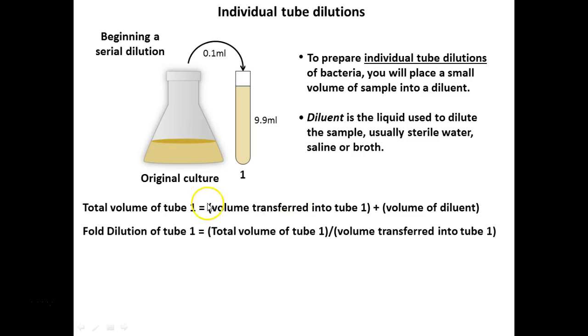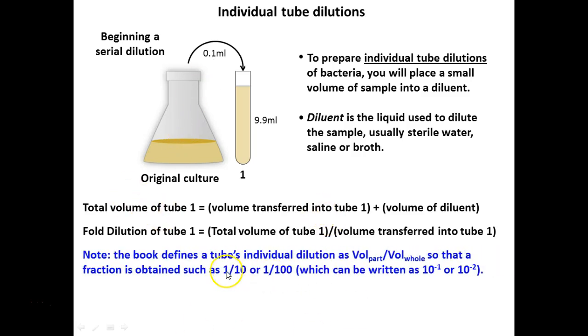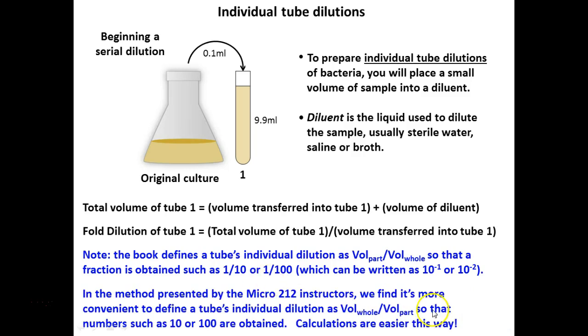We need to know our total. We just figured that out to be 10, right? So then we've got to take our total and divide it by the amount that transferred. In this case, it's 0.1, right? That decimal matters. So it is actually a 1 to 100 dilution. But again, we're flipping it, so it would be just 100.